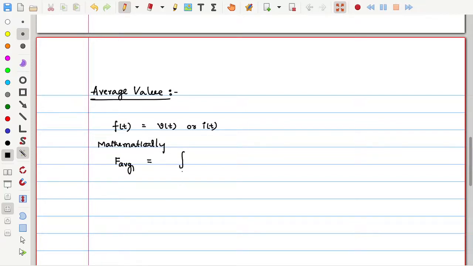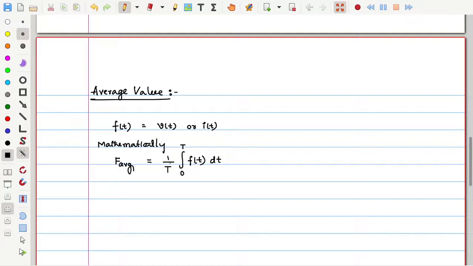It is 0 to one time period. So integrate the function f of t with respect to time dt and divide this entire value by one time period.